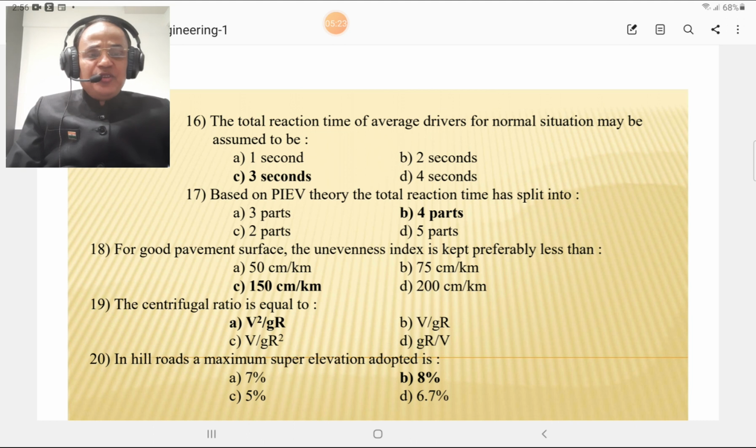For good pavement surface, the unevenness index is kept preferably less than 150 centimeter per kilometer. But nowadays for concrete pavement, it is taken as 2100 to 2500 millimeter per kilometer for roughness index. The centrifugal ratio is equal to V square upon gR, as discussed in earlier lectures.